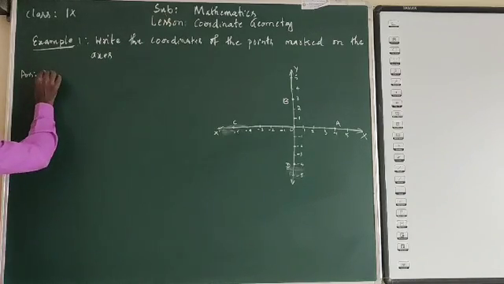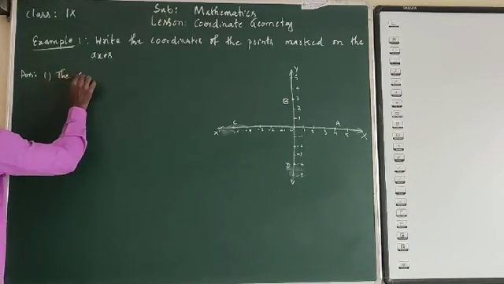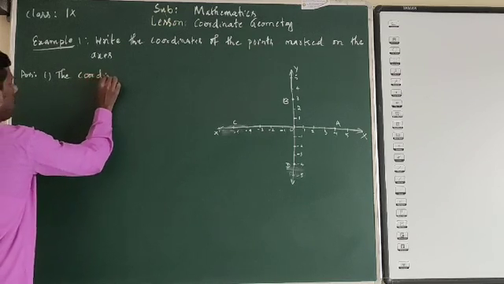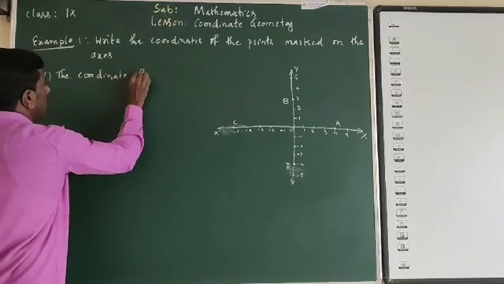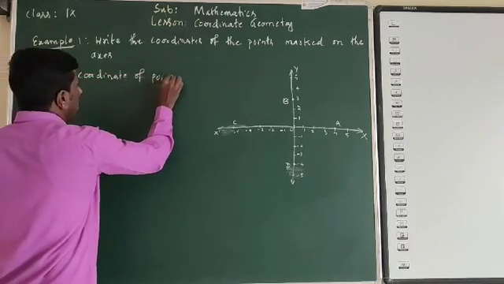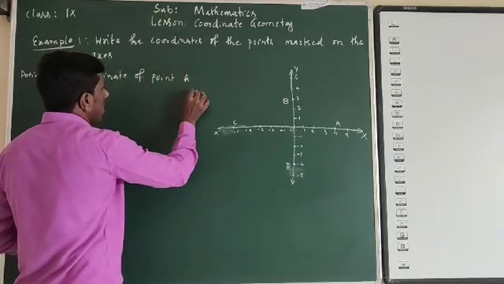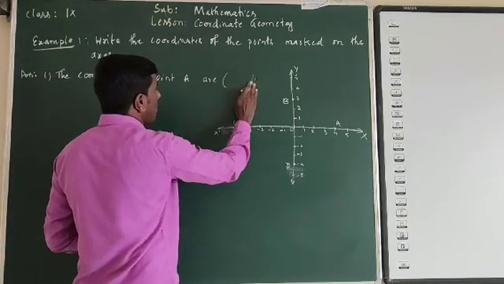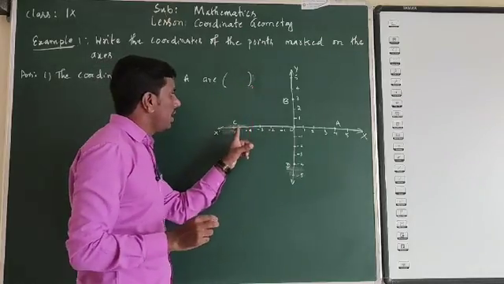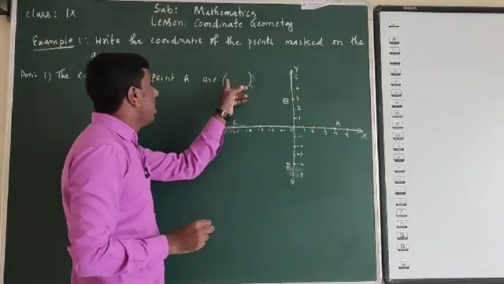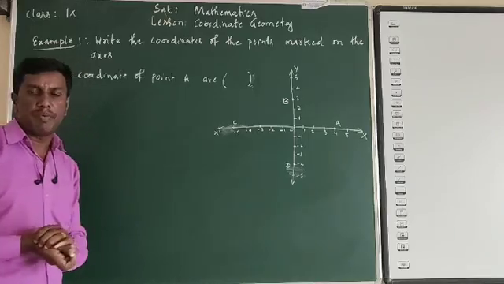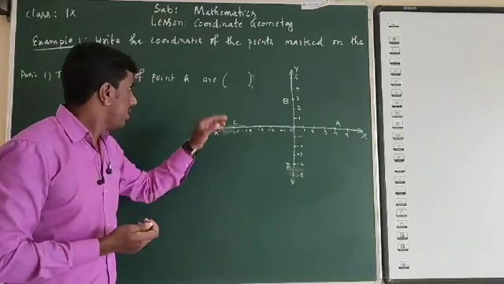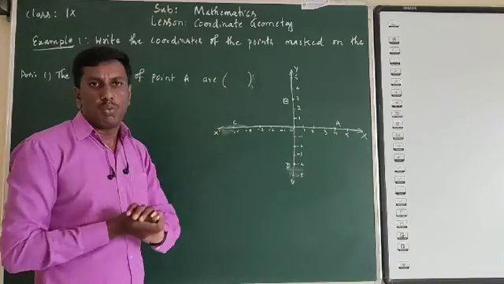We will try to get the coordinates of point A. We know that it is an ordered pair. Since the point is in the plane, its representation will be an ordered pair, that is, a combination of x and y.